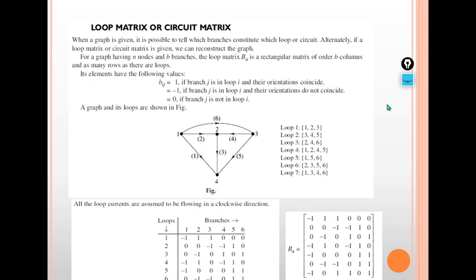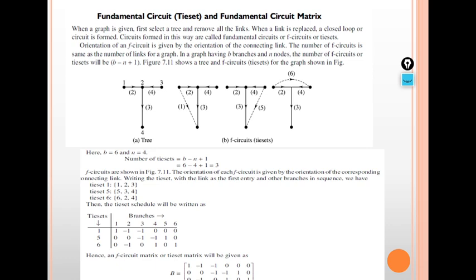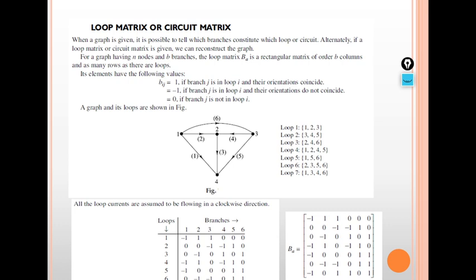Now next we have to find the tie set, the fundamental circuit or tie set matrix, right? We take the total graph. To find the tie set we have to take a tree. You can take any tree from this. How do we find the number of twigs? Here we have 4 nodes, so the number of twigs should be 4 minus 1, that means 3.